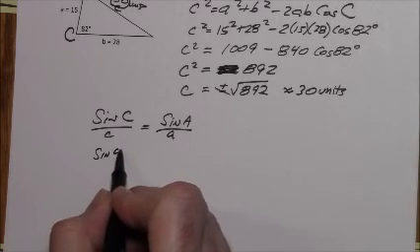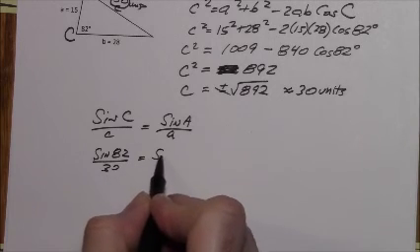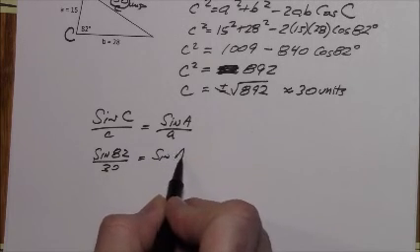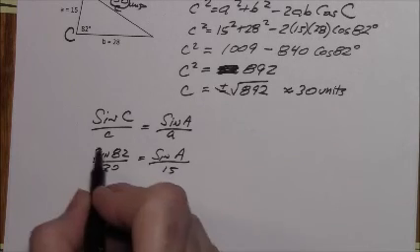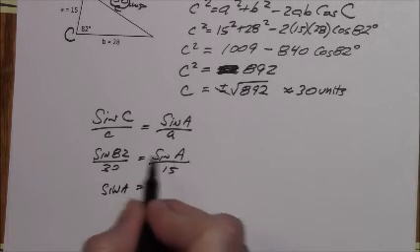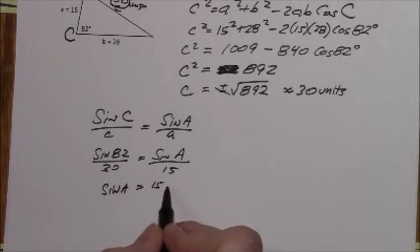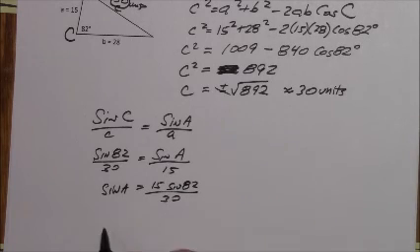So we have the sine of 82 divided by 30 equals the sine of A, which we don't know yet, over 15. When you cross multiply, we just multiply 15 to both sides. You get sine A equals 15 sine 82 over 30.